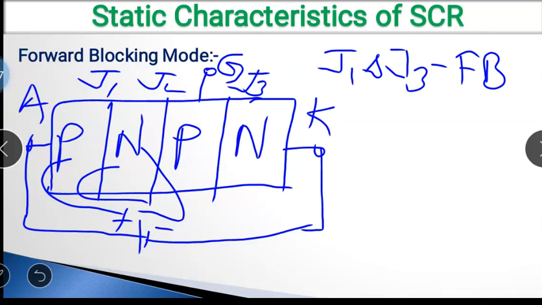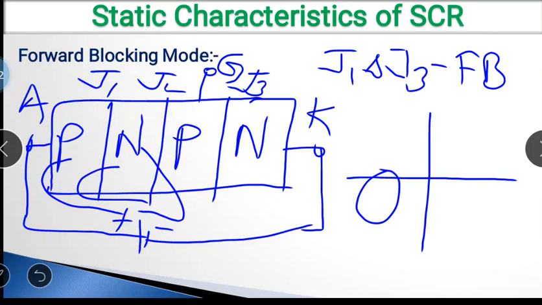Here two junctions are forward biased and one junction is in reverse bias. So there is no possibility of flow of current from anode to cathode, because here the gate terminal is also open circuited. Okay, in this condition the graph is plotted, looking like that.